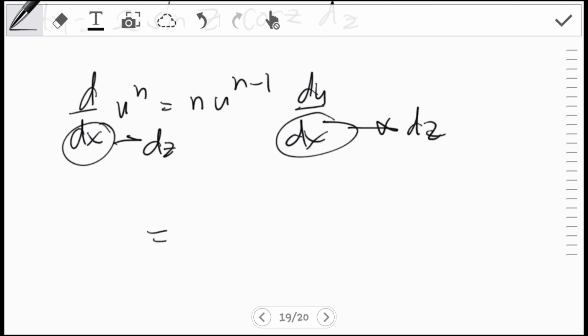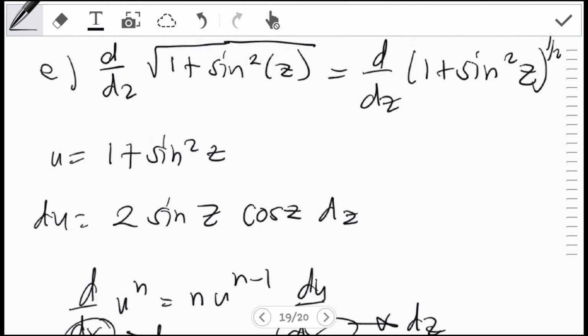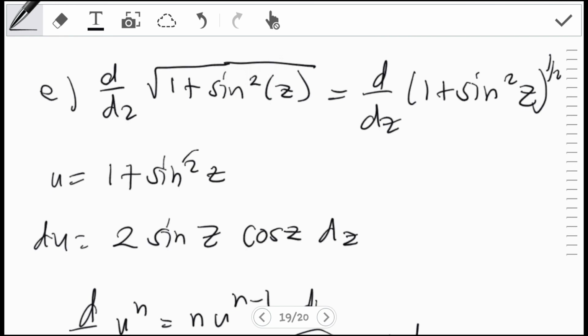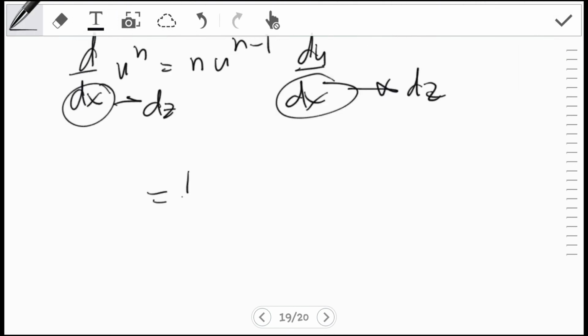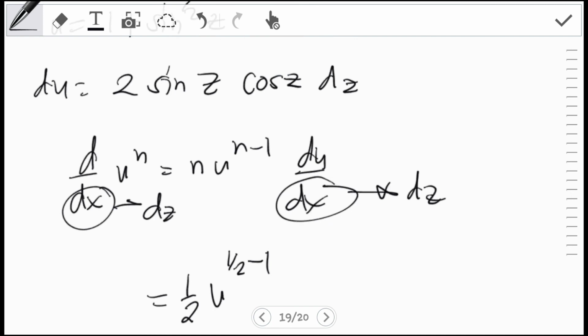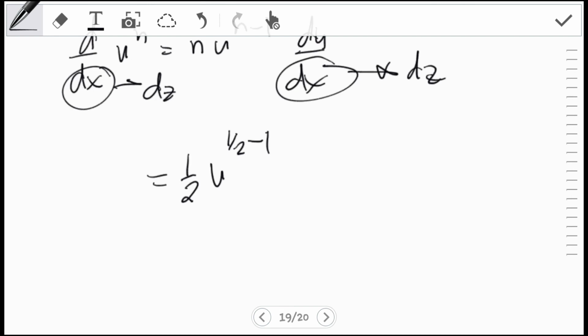So substitute n equals 1/2. So 1/2 u to the power 1/2 minus 1, where du over dz is 2 sine z cosine z.